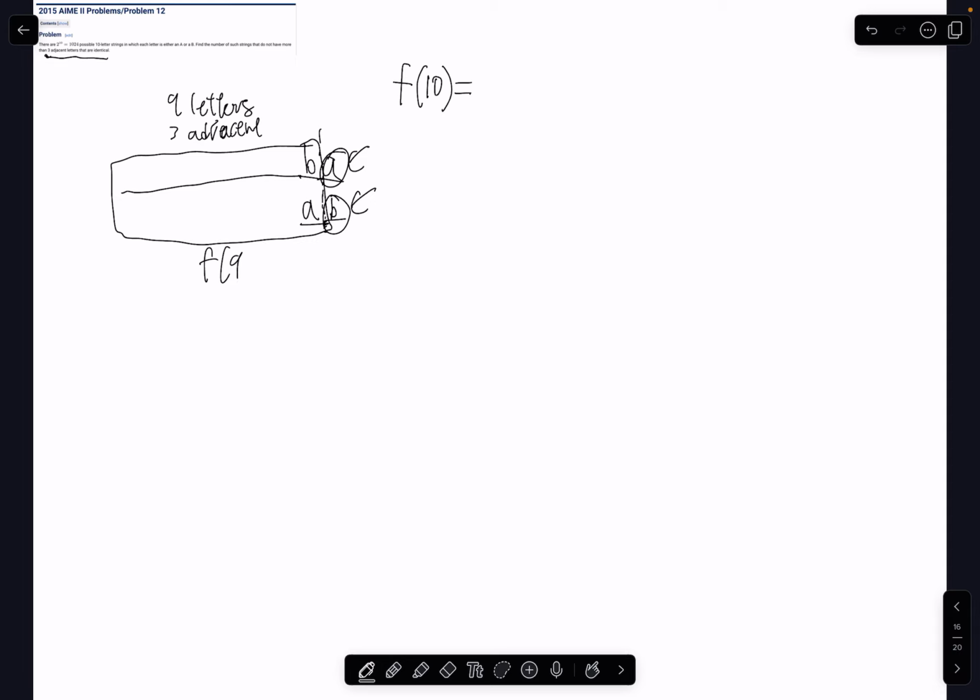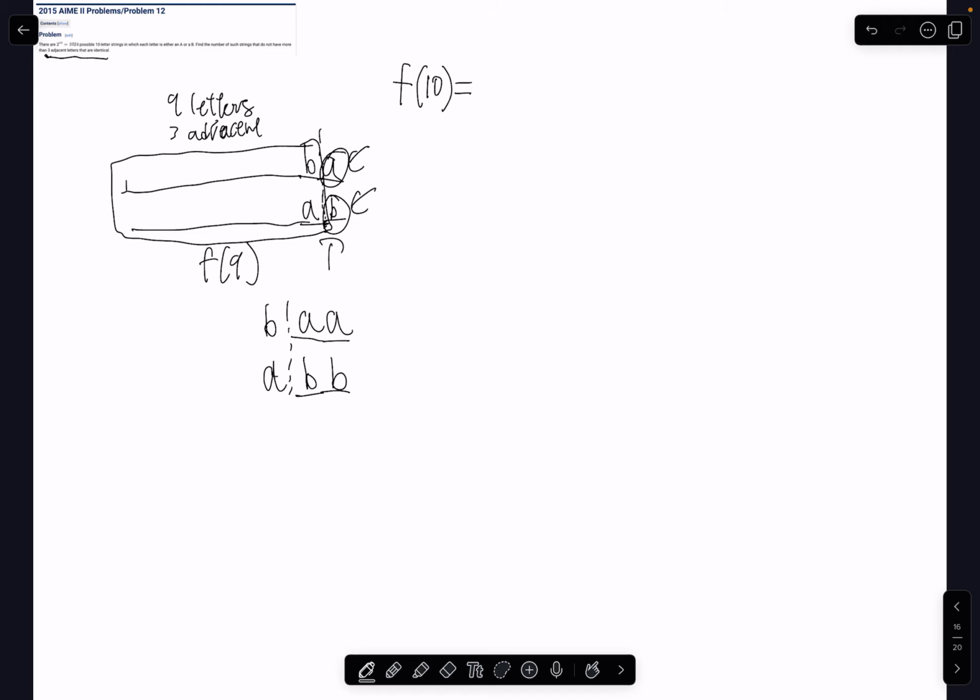Now, if we instead end with 2 A's, or 2 B's, and we say that after this point we're only going to have a B, or only an A. Notice that we can say this is f of 9 because these are the total spaces of f of 9.